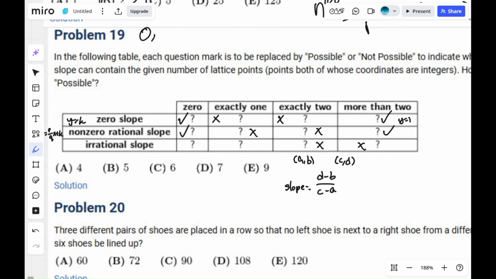For 1, if we look at the line y is equal to root 2 x, then when x is equal to 0 and y is equal to 0, this is a lattice point.